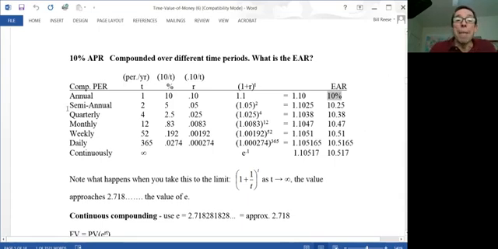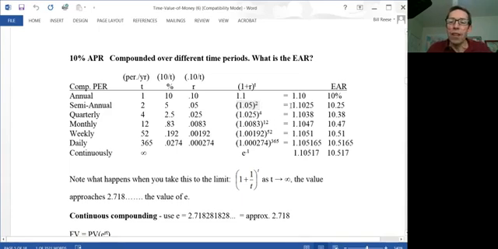But if we have semi-annual compounding, when you're told the APR is 10%, the true interest rate is a semi-annual rate. There are 2 semi-annual periods in a year, so your true interest rate is going to be 5% every 6 months, 0.05 every 6 months. 1 plus R raised to the T, okay, 2 semi-annual periods in a year.